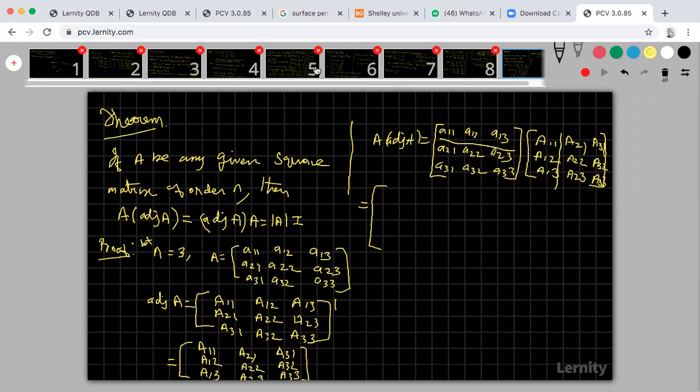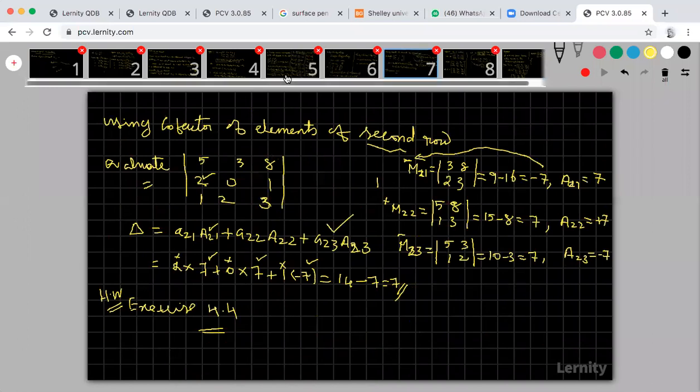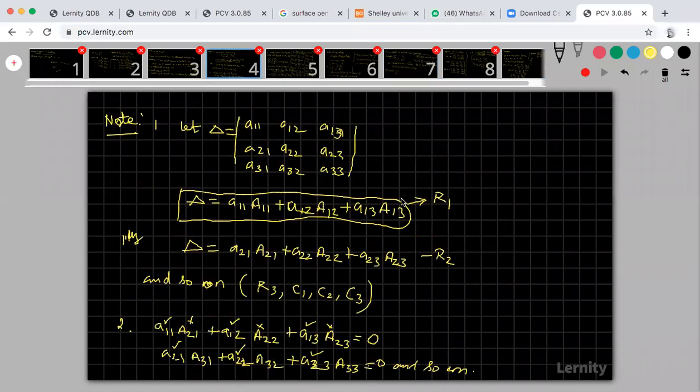Look at note number 1. A11 A11 plus A12 A12 plus A13 A13. That means the row elements multiplied with their corresponding cofactors, that sum is called your determinant. If any one row's elements are multiplied with another row's or column's cofactors, then the value is 0.